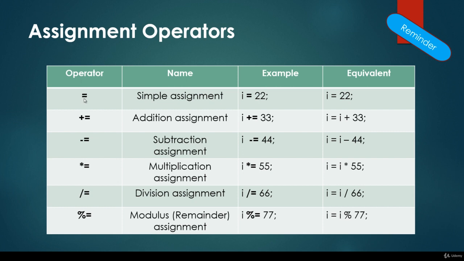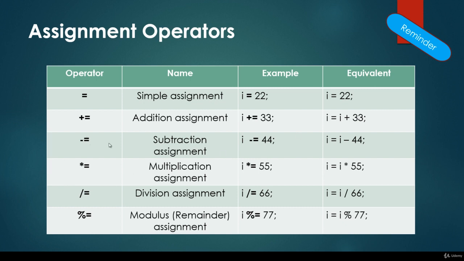So what about assignment operators? We have the equal sign. This is how we can assign a given value to a given variable. In this case, we assign the value 22 to the variable i. We have the plus equals, which is going to increment the value of i by a given value. In this case, we increment i by 33, so it is the same as i equals i plus 33.